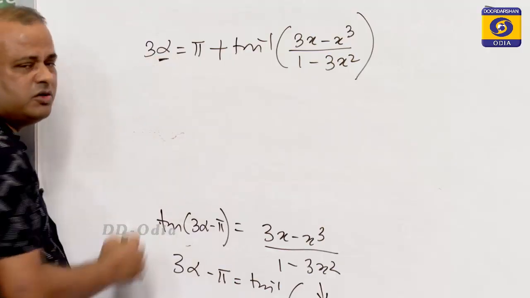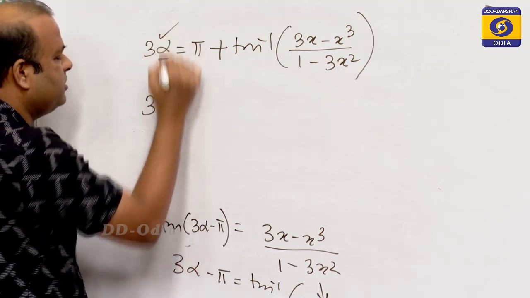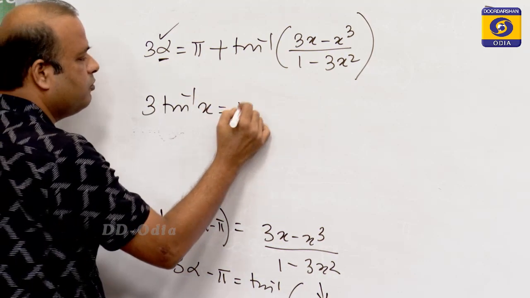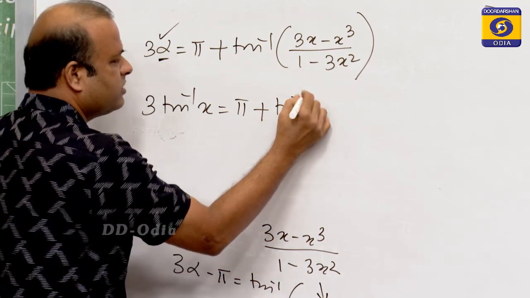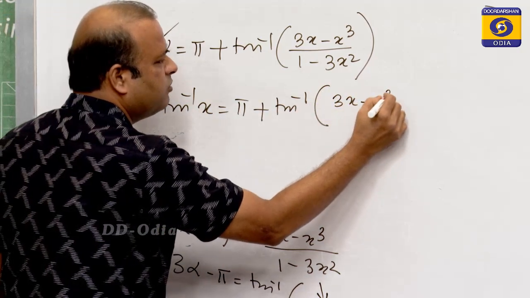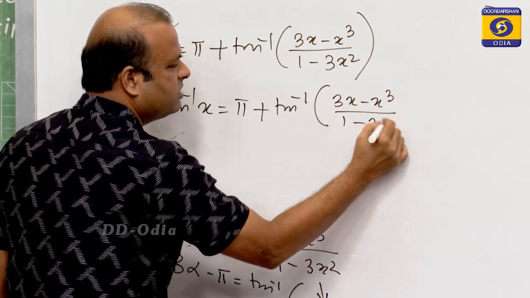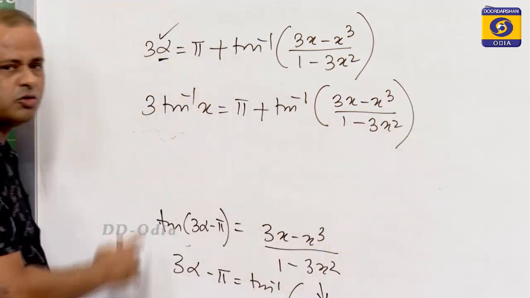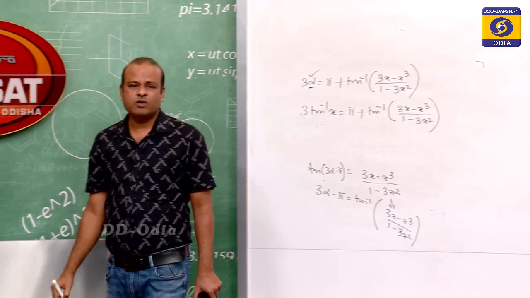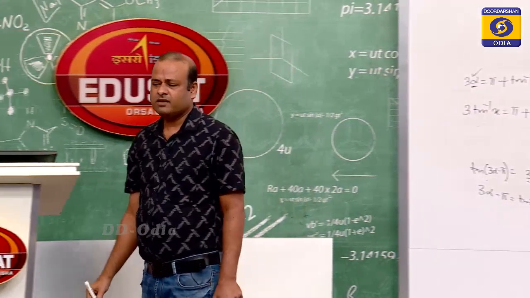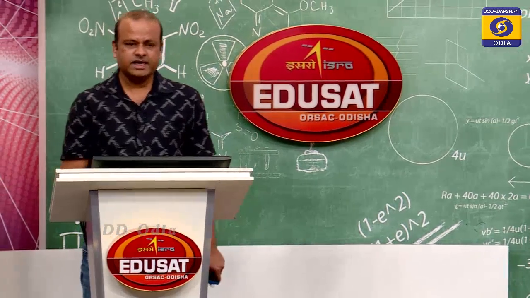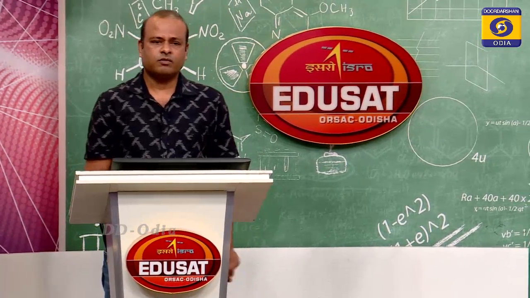So put alpha equal to tan inverse x. So 3 tan inverse x is equal to pi plus tan inverse of 3x minus x cube divided by 1 minus 3x square, right? So you have proved that 3 tan inverse x is equal to pi plus tan inverse of that expression. That is, for different cases you have proved the formulae.